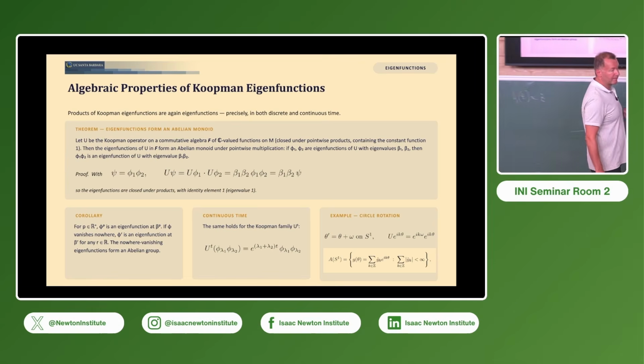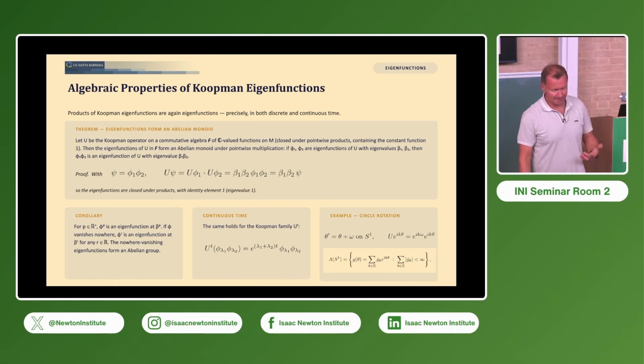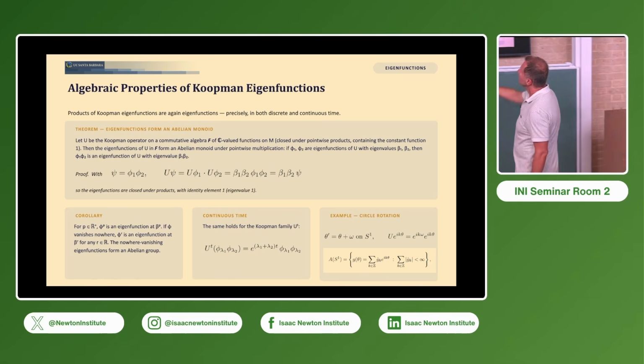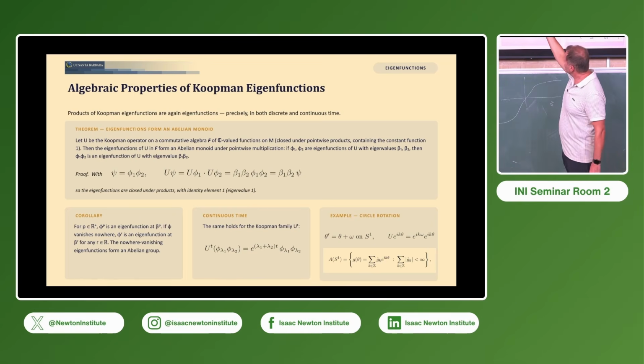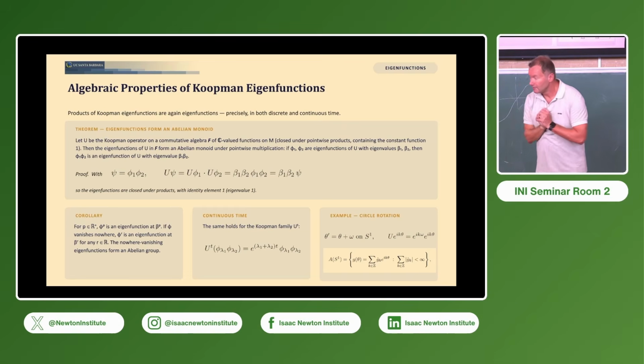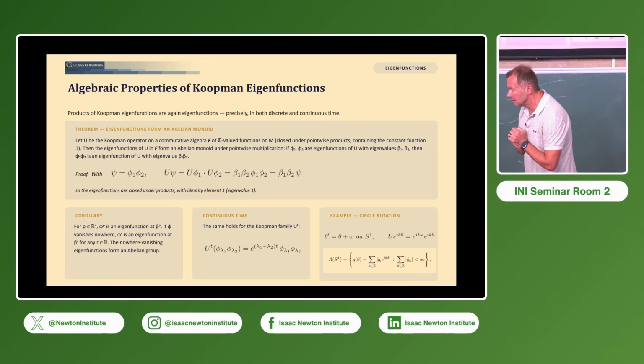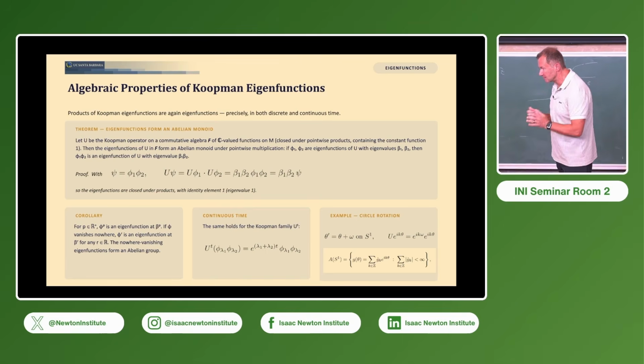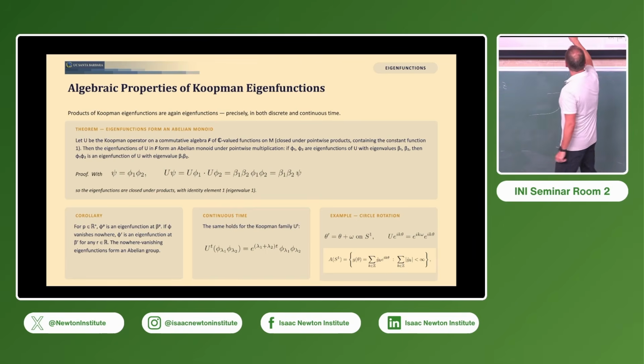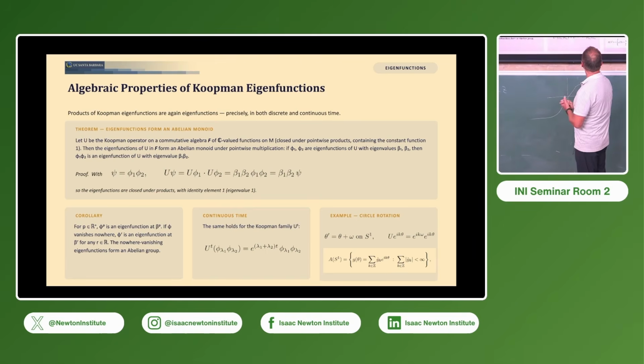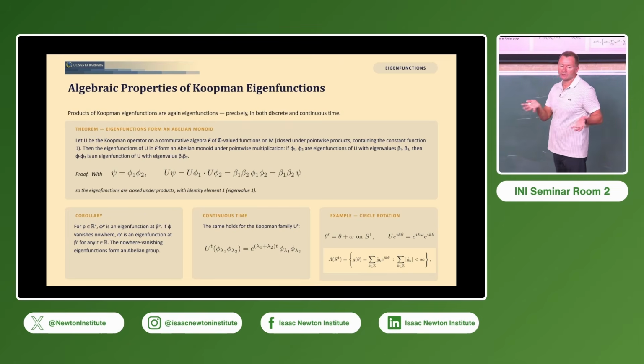That's not by chance. You can easily prove that if you have a functional space that is a commutative algebra, so you have functions that are in a space where you can take products and they commute, of complex valued functions on your state space, then the eigenfunctions form what is called an abelian monoid.